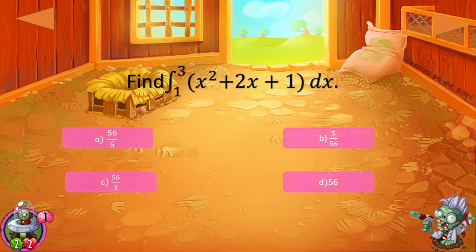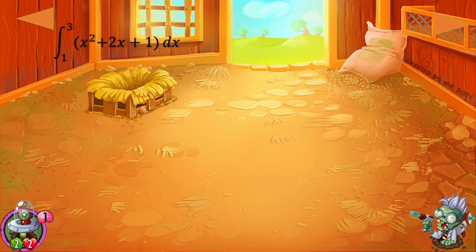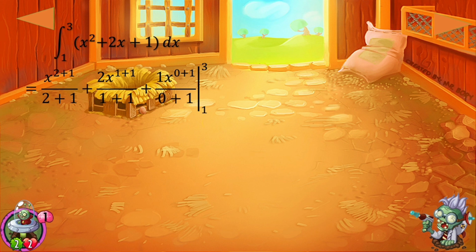Now, let's find out how to get letter C, 56 over 3. Now, we're going to get the integration of x squared plus 2x plus 1, which is x raised to the power of 2 plus 1 over 2 plus 1, plus 2x raised to the power of 1 plus 1 over 1 plus 1, plus 1x raised to the power of 0 plus 1 over 0 plus 1.